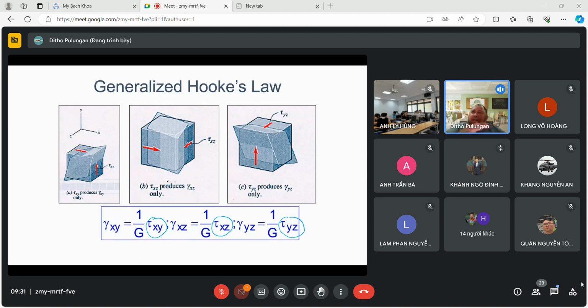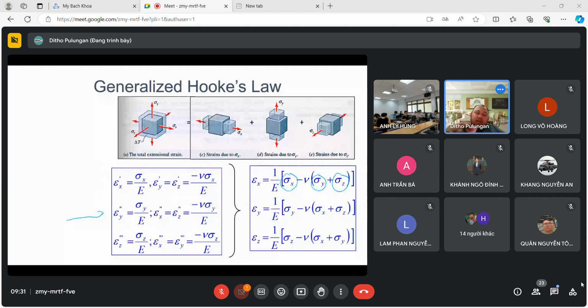We're not going to discuss this a lot, but I just want you to know that there are 6 stress components. So in Hooke's law for 3D, the equation is given like this. But the one that we usually solve for an exam is limited to 1D, where sigma is E times epsilon. This is 1D and this is 3D.